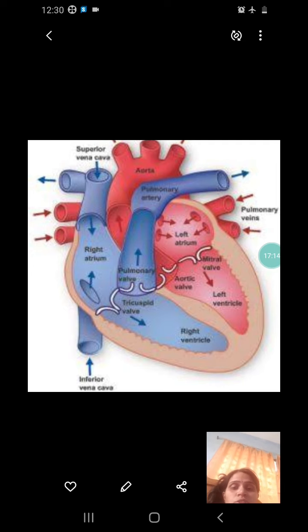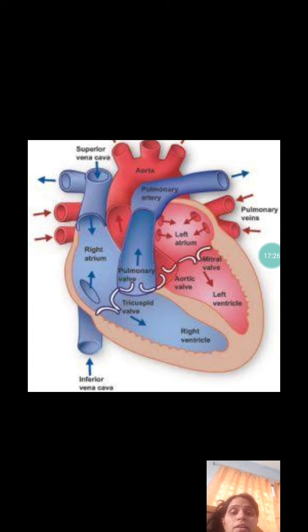This is the most important question. And also draw a well labeled diagram of the human heart. And what do you mean by double circulation? 2 marks question.